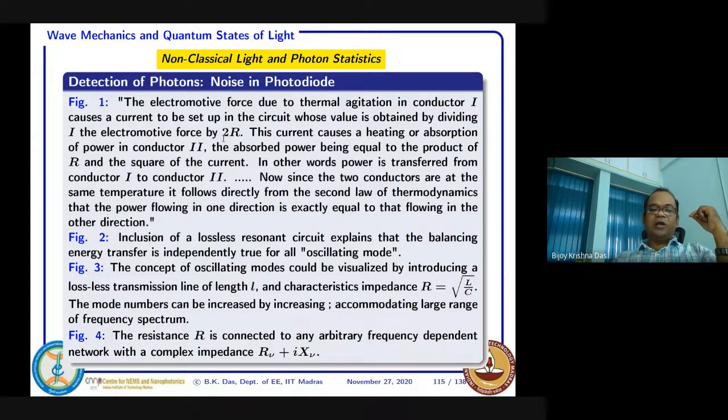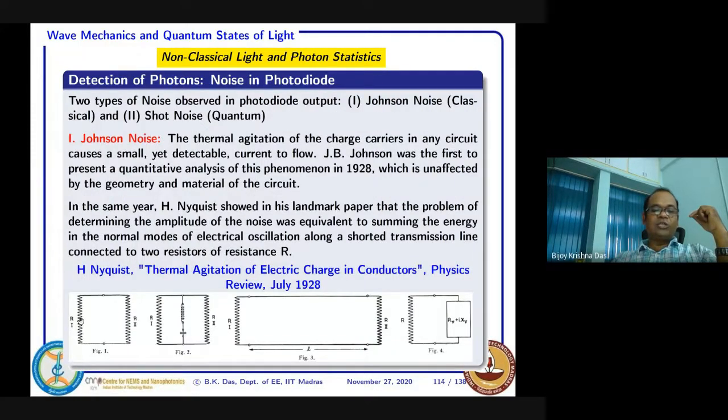So you are considering that some electromotive force is generated. The total resistance is 2R. So what is the current then? The electromotive force divided by 2R. If that is the current, then you can multiply by R to get I squared R, and you can find out whatever the power dissipation is here.